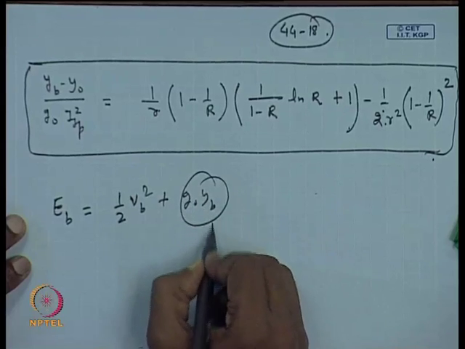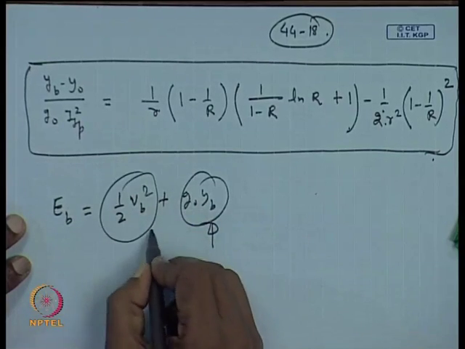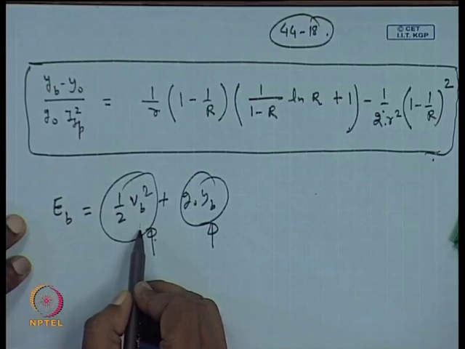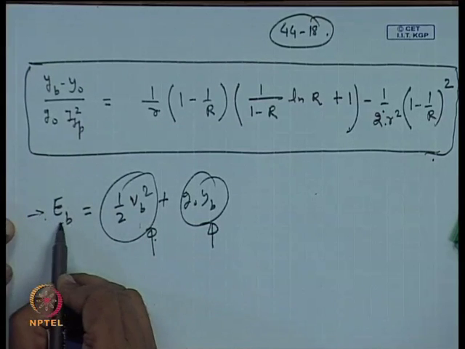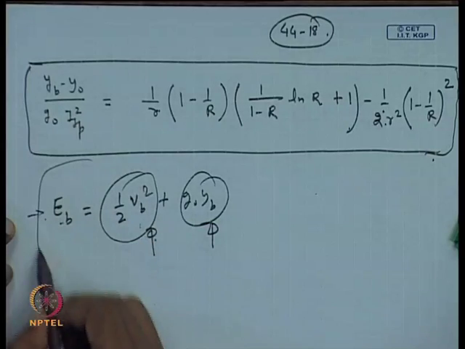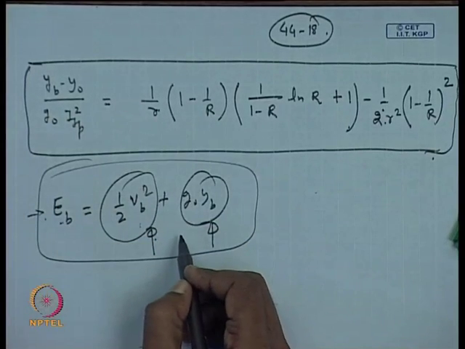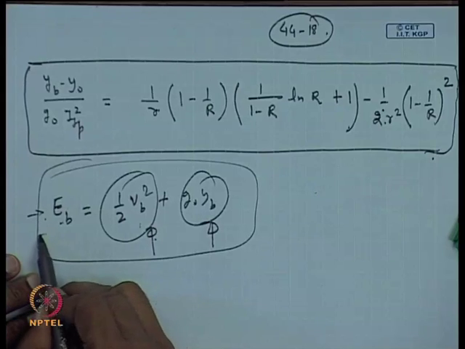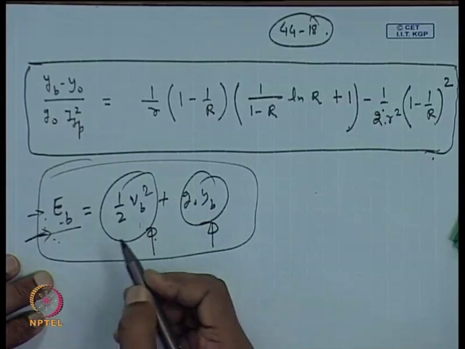This indicates the potential energy gain, this is the burnout kinetic energy, and this is the total energy per unit mass. So, at the time of burnout, how much this specific energy will be needs to be calculated.